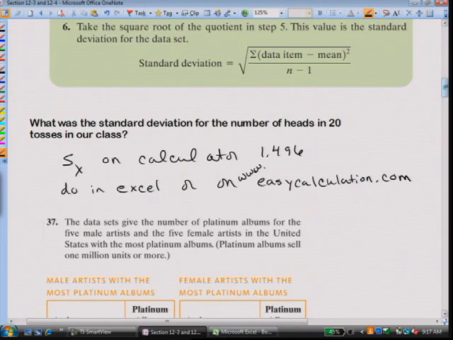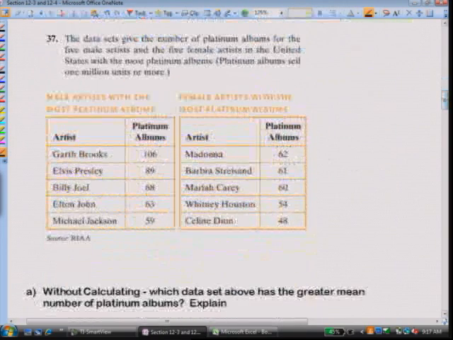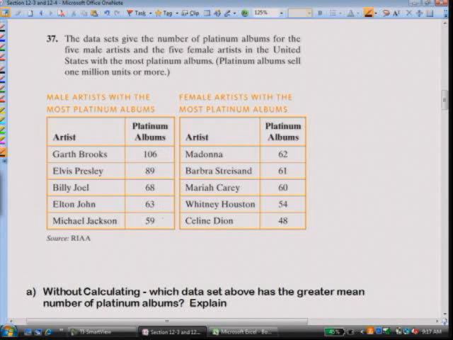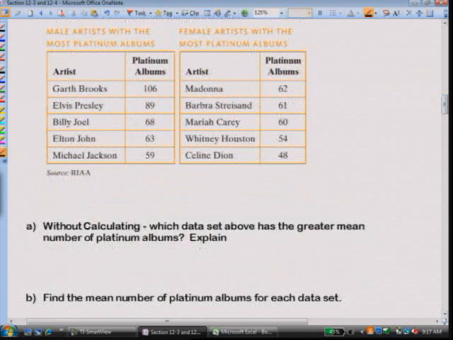All right, so let's do a couple more. We have some artists. We have male artists and female artists. And without calculating, it says which data set above has the greater mean number of platinum albums. Now, you should be able to tell that the average is going to be higher for the male artists because individually they have more than the females, than most of the females.